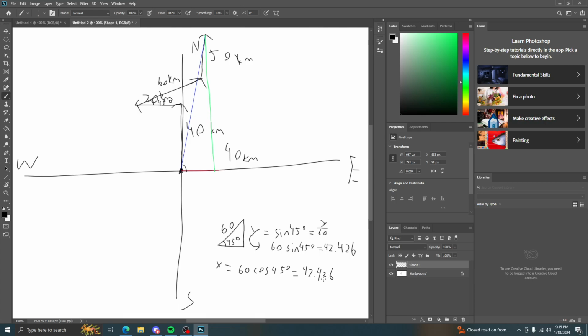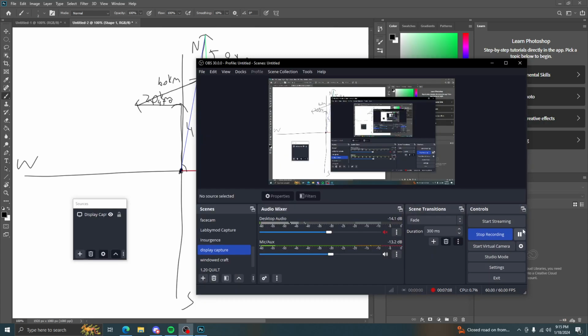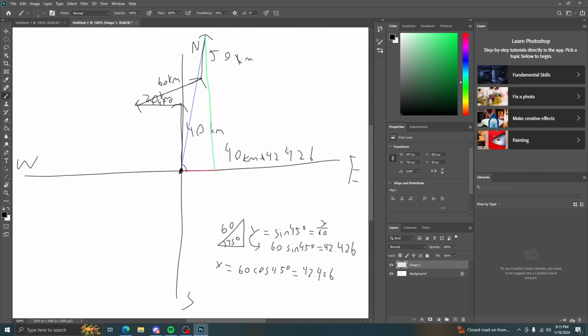So for the y, they're traveling 42.426 in the positive y direction, or north. You start with going north 40, then north 42.426 kilometers, and then north 50 kilometers.